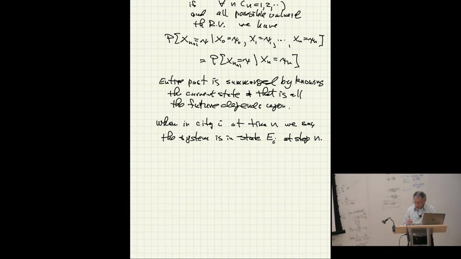Now we got to get started, okay? So to get started on step, if you will, day 0, we use an initial state probability.